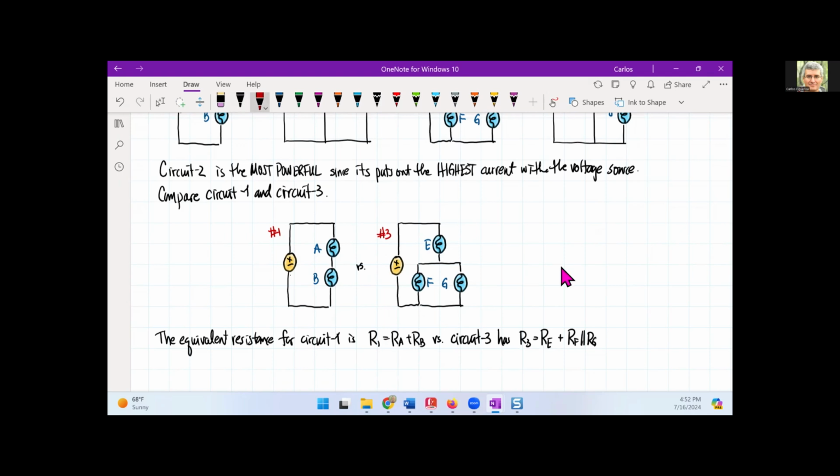What I'm seeing here is that this is lower than RB. Therefore, circuit 3 has a higher current since it has a smaller resistance than circuit 1.